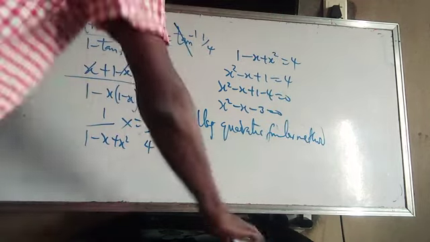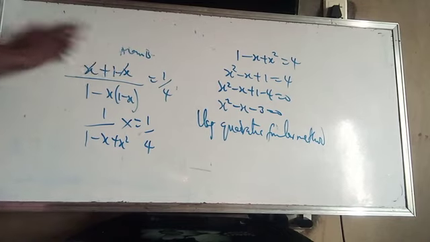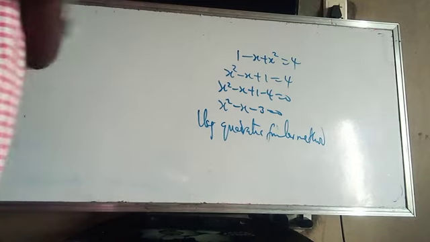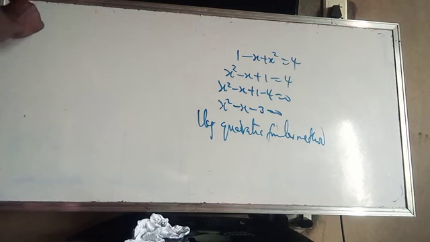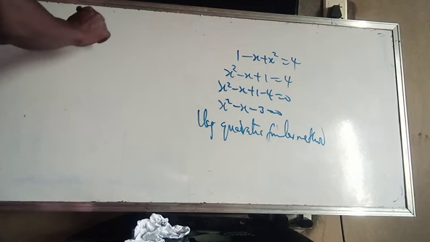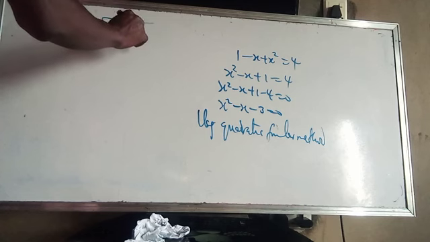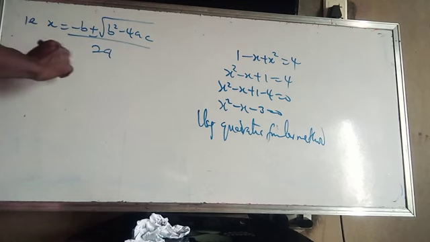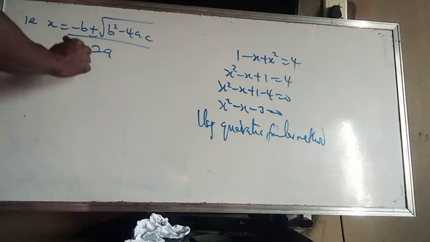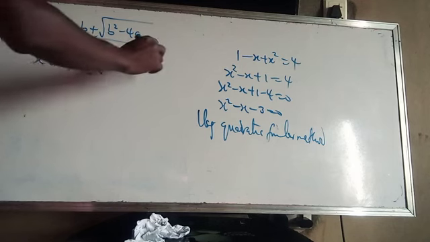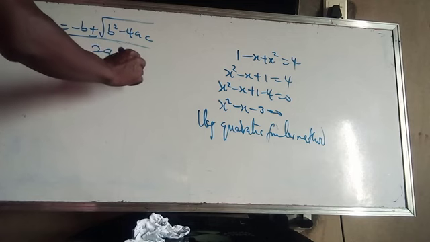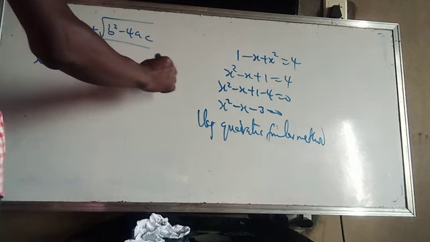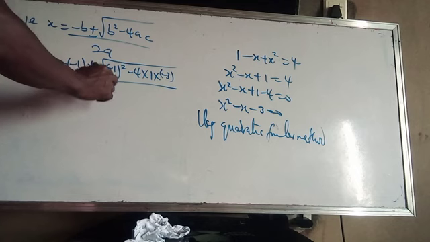Our a is 1. This is what is normally used when an expression cannot be factorized. That is x equals minus b plus or minus square root of b squared minus 4ac all over 2a. So your x now will be equal to minus, your b is minus 1, plus or minus square root of minus 1 squared minus 4 times 1 times c, minus 3, all over 2 times 1.